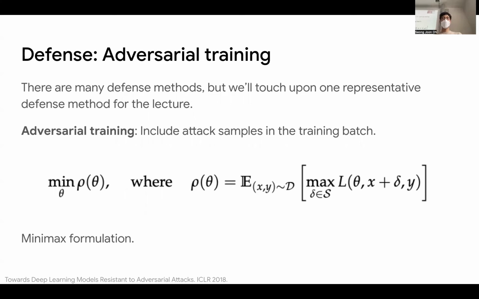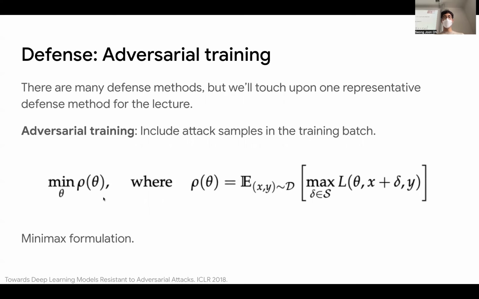Now, defense. How do we defend against such adversaries? People talk about adversarial training a lot. So adversarial training so far is generally perceived as the best working defense against LP attacks. So what you do is you minimize this loss function here, where you have a minimax formulation.